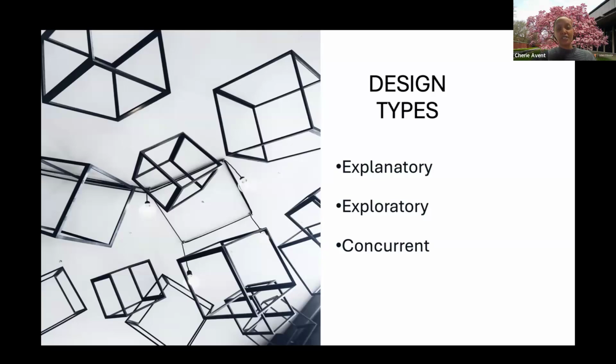So your explanatory design type often begins with your quantitative component, where you are collecting your quantitative data, analyzing it, and then you're going to look through it to see what additional areas within those quantitative results you want to explore further, and how it can inform your qualitative data collection and analysis. With your exploratory design type, we are beginning with our qualitative component.